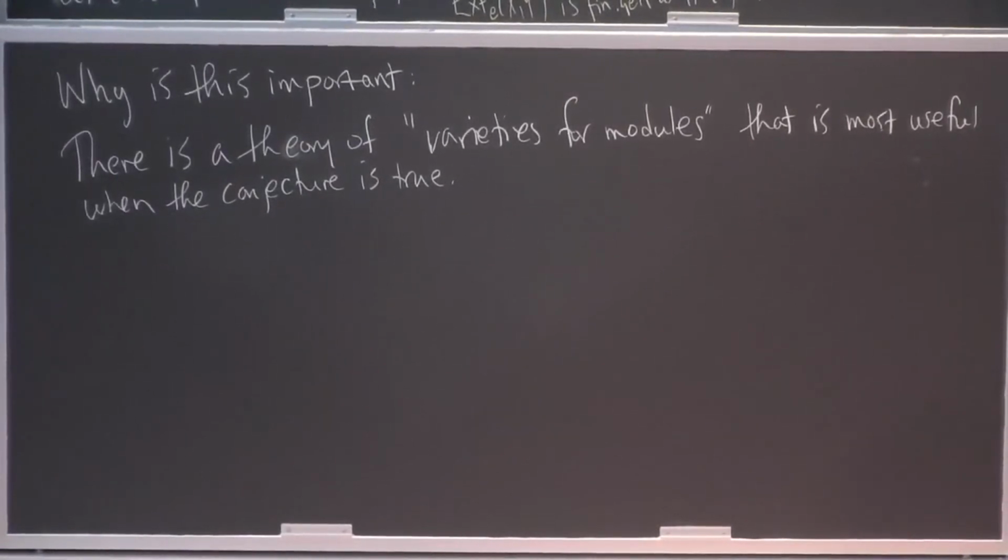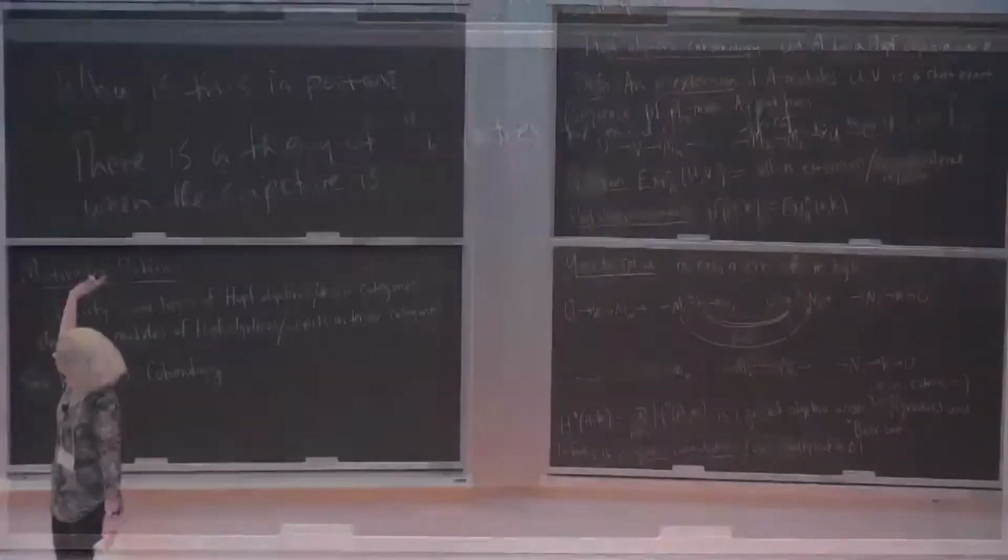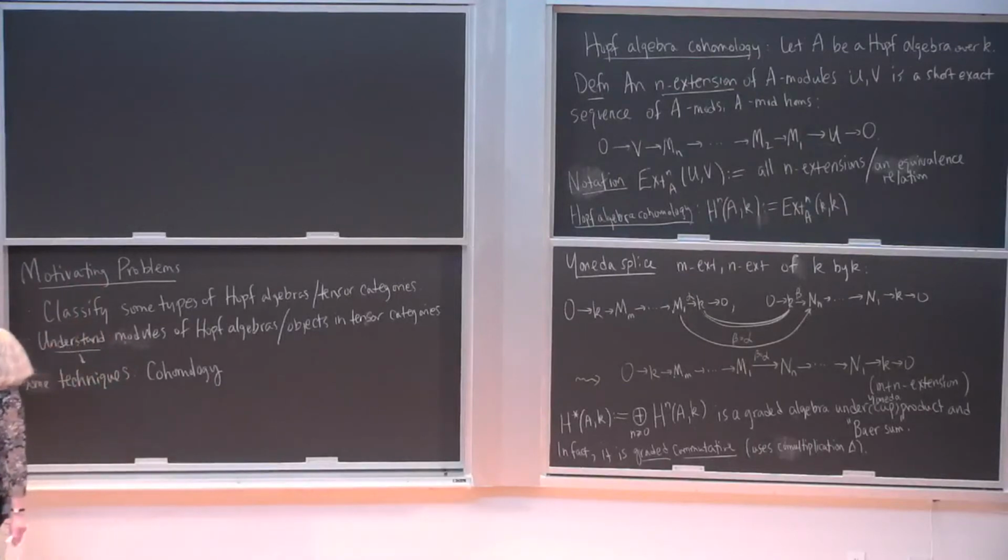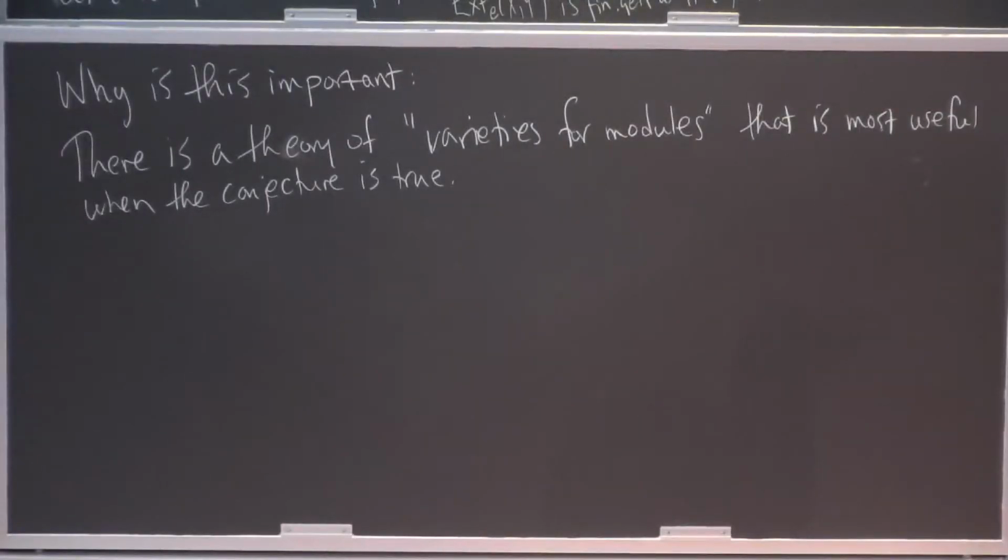What I mean is, over here we have a Hopf algebra, which is often non-commutative, and the tensor category may have some non-commutative behavior. But you take a cohomology ring, that's commutative, graded commutative, just as good. You've turned your non-commutative setting into a commutative one. You've turned your modules for a non-commutative algebra into modules for a graded commutative algebra. So you can use commutative algebra and algebraic geometry to study the situation.